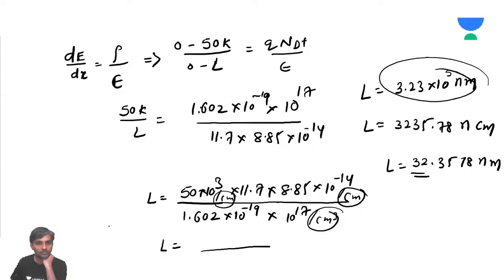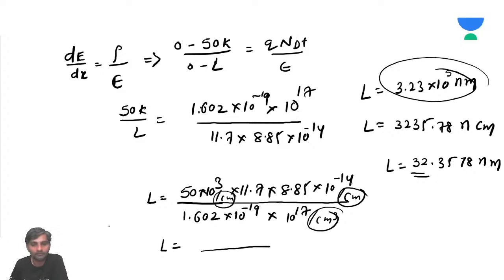You just see, this is centimeter cube, this is centimeter cube, so centimeter per centimeter will be left. So 10 to the power of minus 2 here, it will go to 5, so you will get 10 to the power of minus 9.